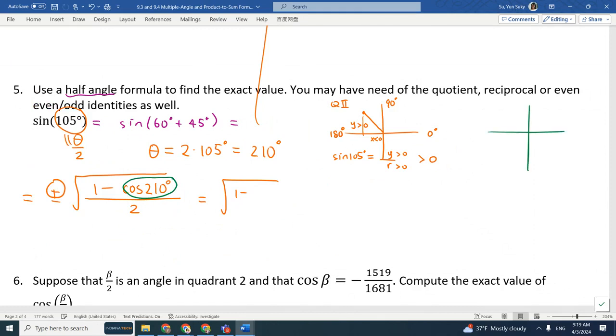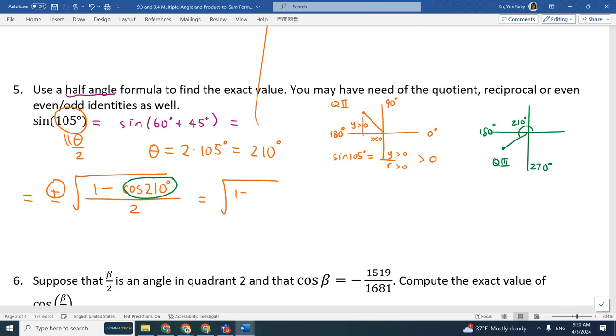Let's draw another picture. Third quadrant. This is 180. This is 270. So 210 degrees is right here in quadrant 3. So far, so good, everybody? And reference angle.